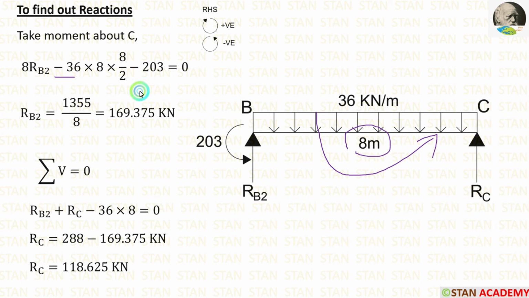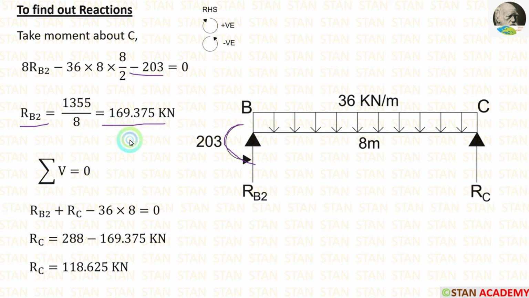When the UDL comes, we have to multiply with the distance and the distance by 2, so 8 by 2. The moment is acting in the anti-clockwise direction, so it will be negative. Finally, we are getting RB2 is equal to 169.375 kilonewton.